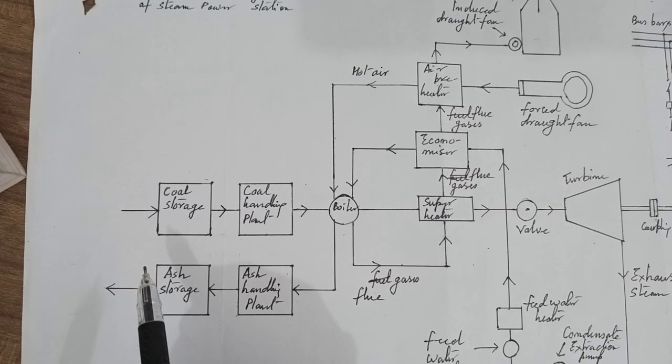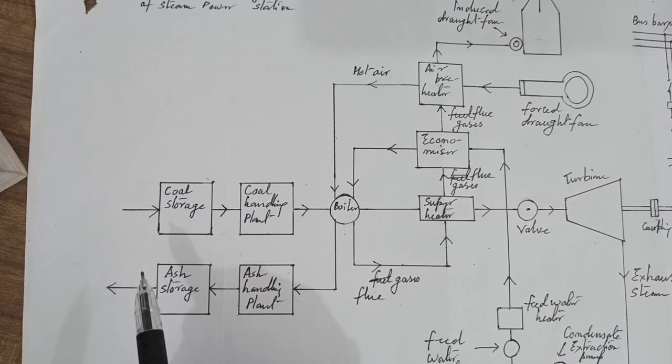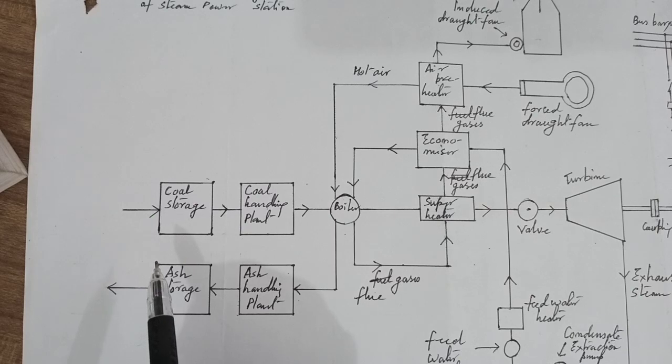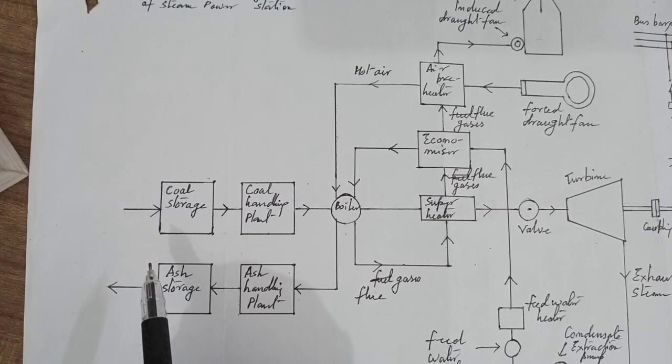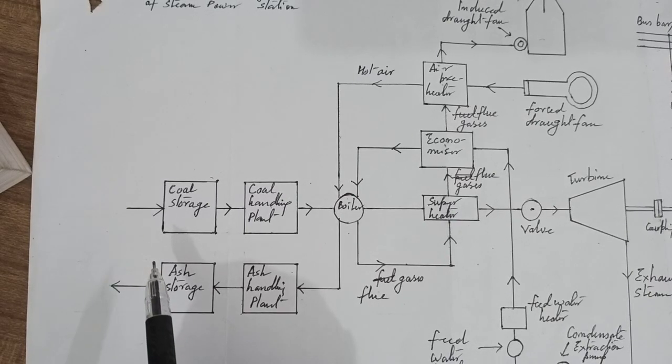Superheater. The steam produced in the boiler is wet and is passed through a superheater where it is dried and superheated. It means steam temperature is increased above that of boiling point of the water by the flue gases on their way to chimney.